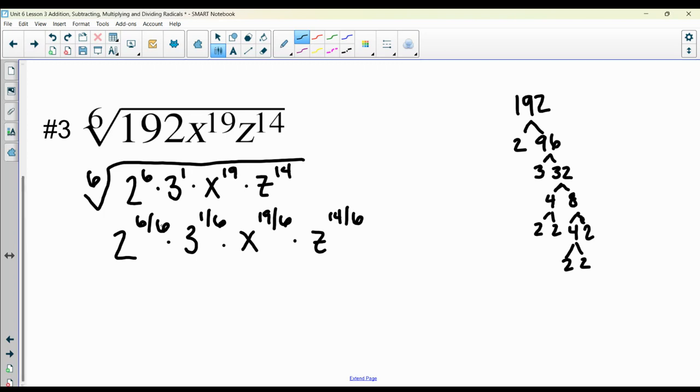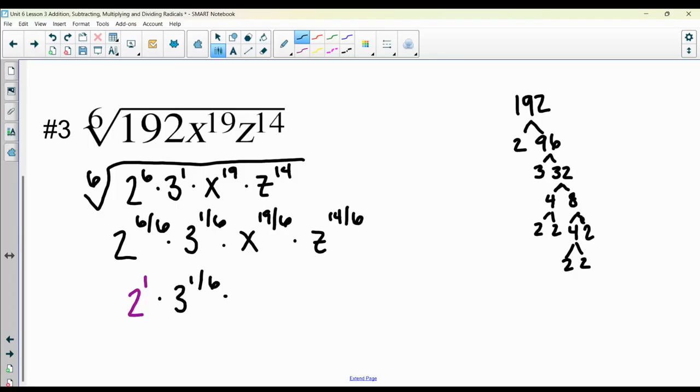So 2 to the 6/6 actually ends up changing into 2 to the 1st, which means that this guy is going to end up popping outside of the radical. 3 to the 1/6 is going to stay 3 to the 1/6. We can't simplify that any further.